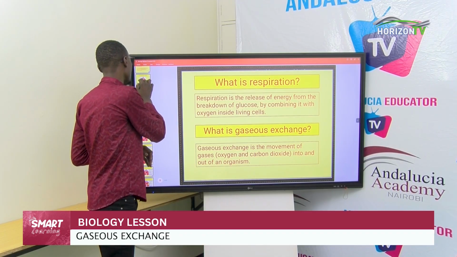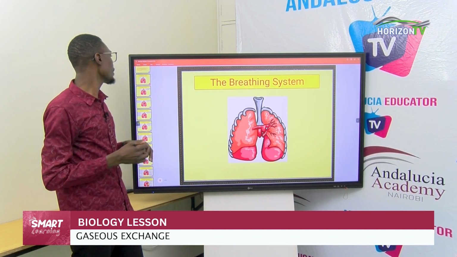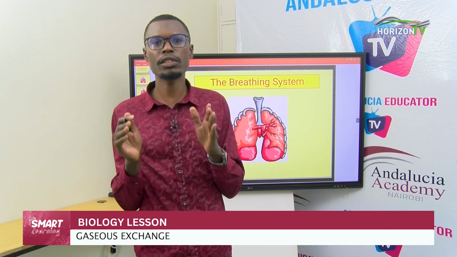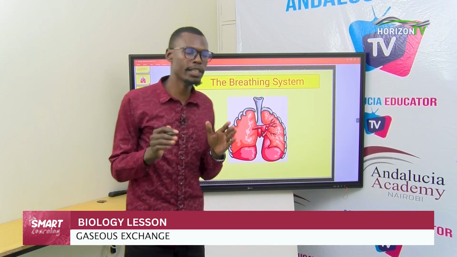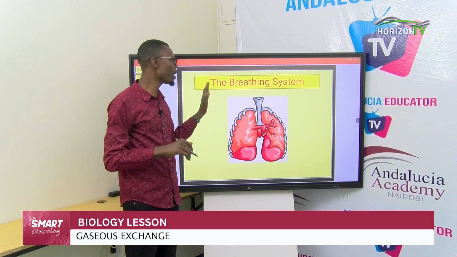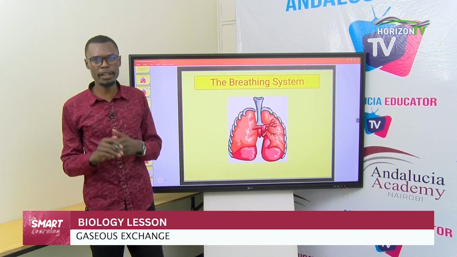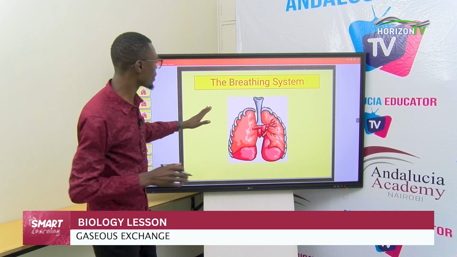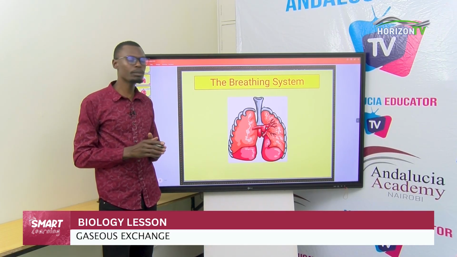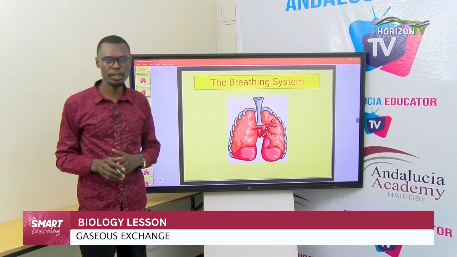We are going to check on the breathing system. I've said the major part of the body where gas exchange takes place is your lungs, the breathing system in humans. The structure you can see here is the breathing system in the human body.